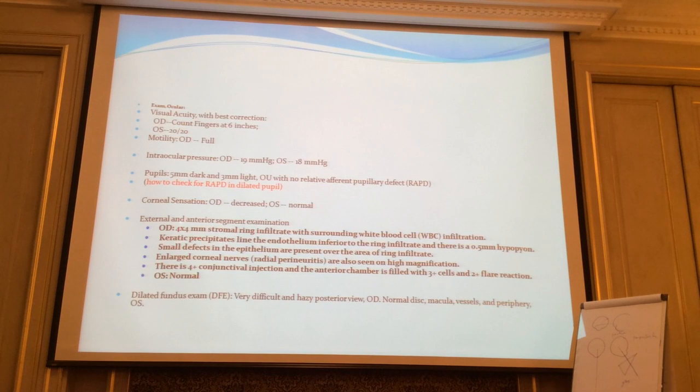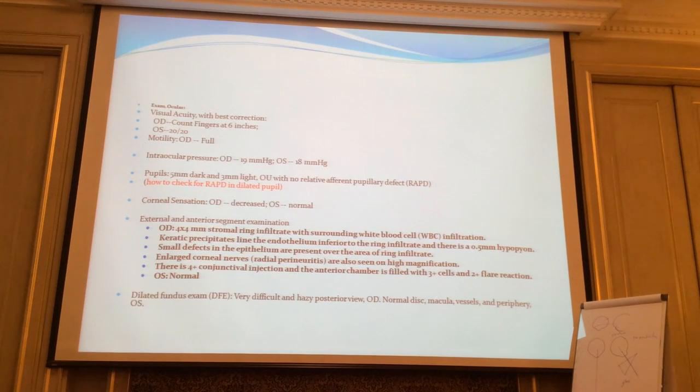And then this is the examination. We saw it already. There was a stromal ring of infiltration. Here they are being very specific. Infiltration is WBCs, right? It's an immune-mediated reaction to a pathogen. So it's usually WBCs. We have KPs, okay, that you couldn't appreciate. Okay, there is a defect.